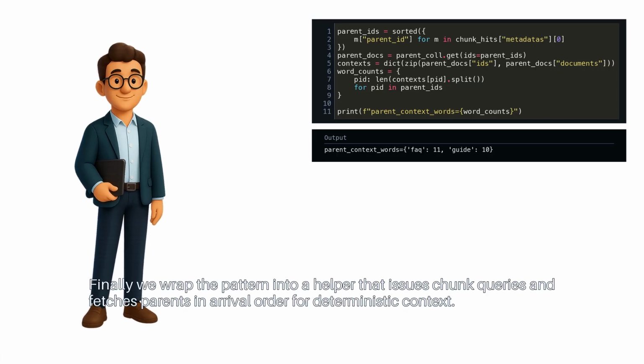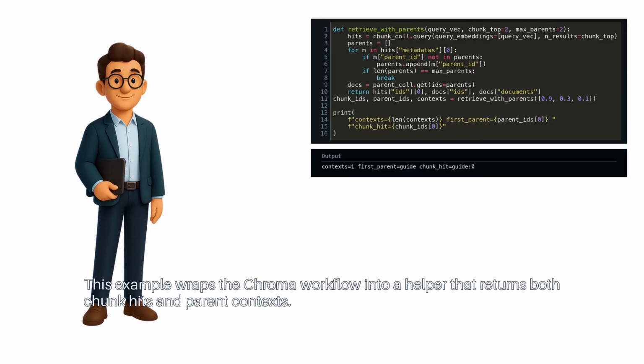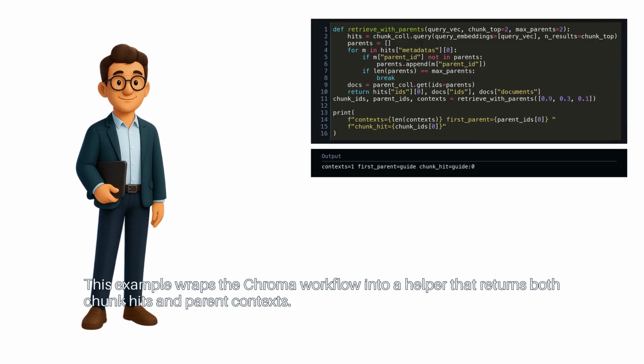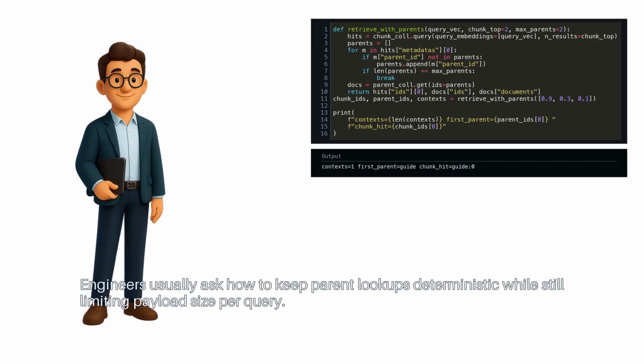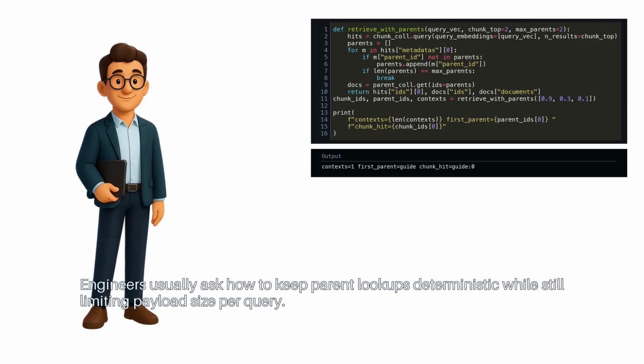Finally, we wrap the pattern into a helper that issues chunk queries and fetches parents in arrival order for deterministic context. This example wraps the Chroma workflow into a helper that returns both chunk hits and parent contexts. Engineers usually ask how to keep parent lookups deterministic while still limiting payload size per query.